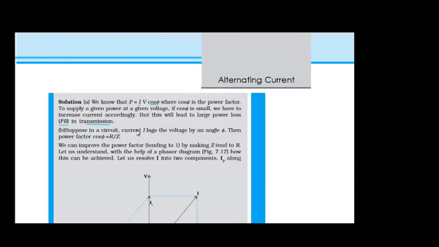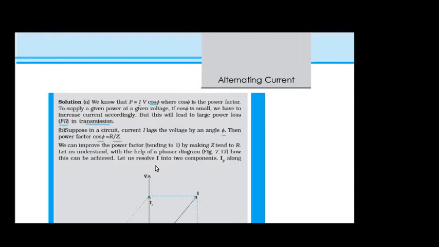Suppose in a circuit the current I lags the voltage by angle phi, then power factor cos phi is equal to R upon Z. We can improve the power factor, leading to 1, by making Z tend to R. Let us understand with the help of phasor diagram, figure 7.17, how this can be achieved.